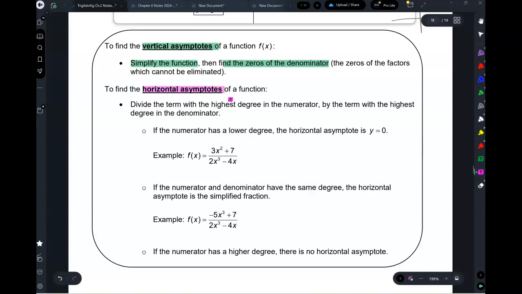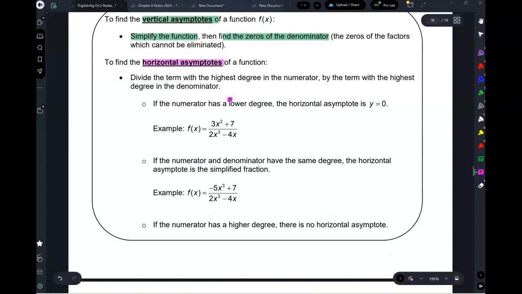Horizontal asymptotes are found in a completely different way. For horizontal asymptotes, you have to compare the degrees of numerator and denominator. Okay, so there are three situations. Number one, if the numerator has a lower degree, the horizontal asymptote is y equals 0.